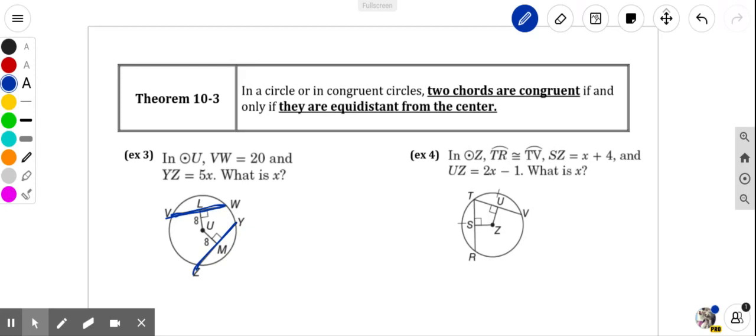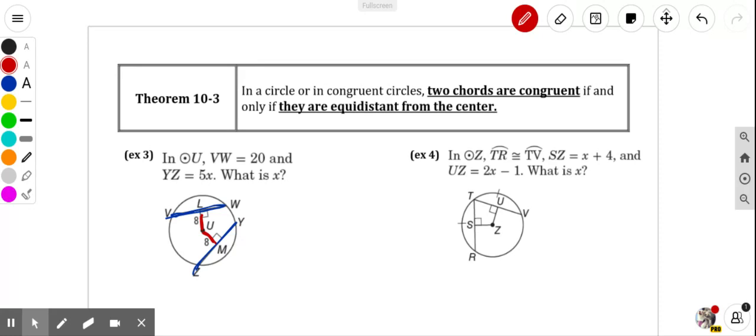Notice these little segments here, LU and UM. Those segments represent the distance from the chord to the center. Notice those are the same. They're both 8. So that means that the chords here, VW and ZY, are equidistant to the center. And what happens if they're equidistant to the center is the chords themselves are congruent.